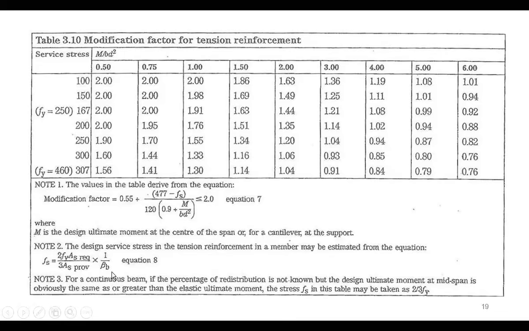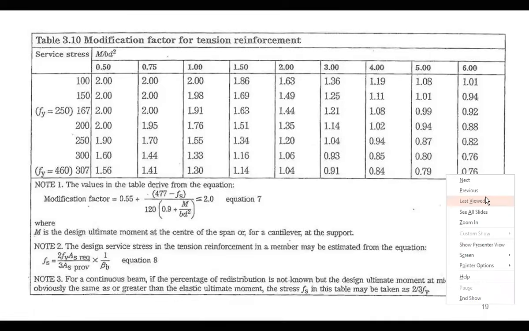Beta b is something for redistribution, and we use it as 1 in this case. So you need to get the Fs. Once you get the Fs, you put it into this equation, then get M over bd² and substitute into the equation to get the modification factor. Okay, let's go back and see.